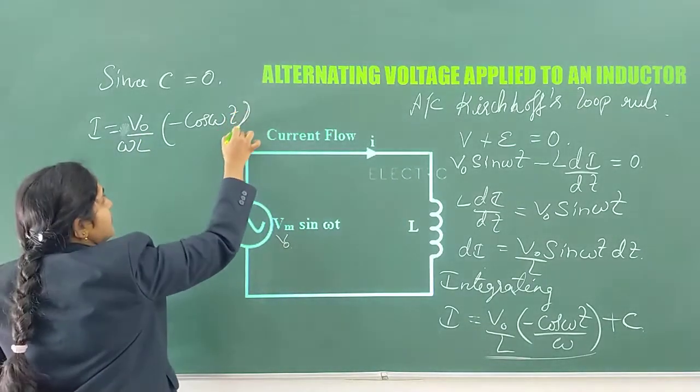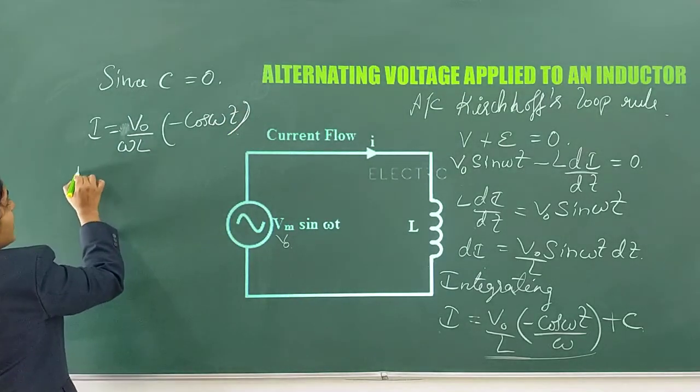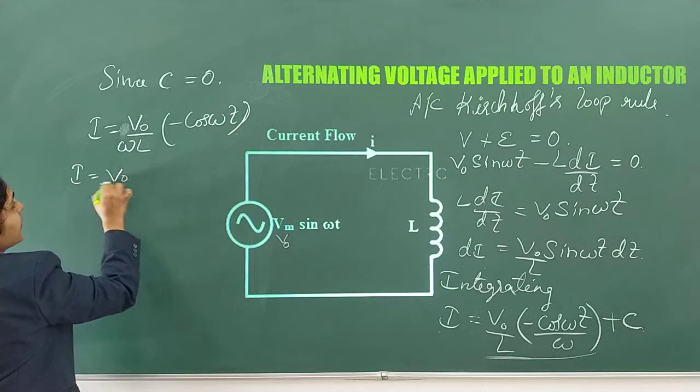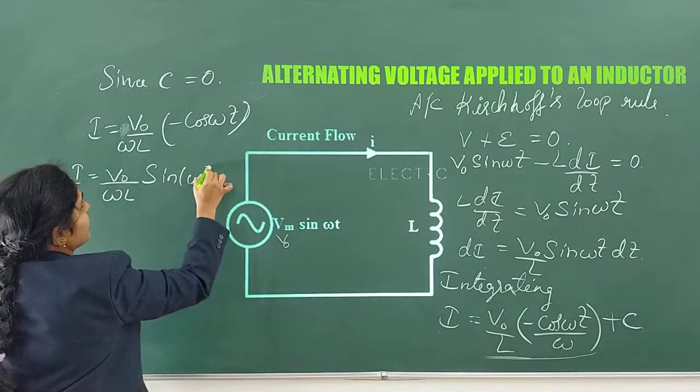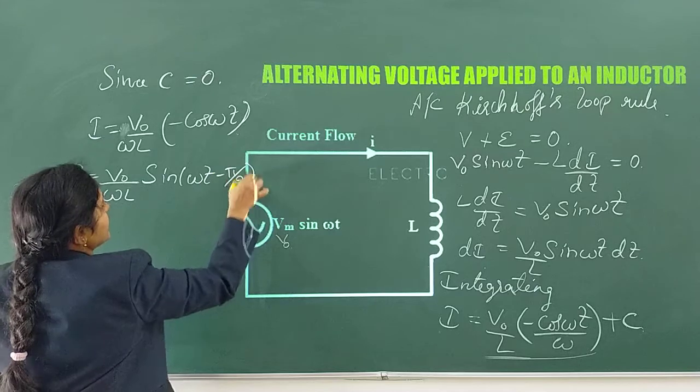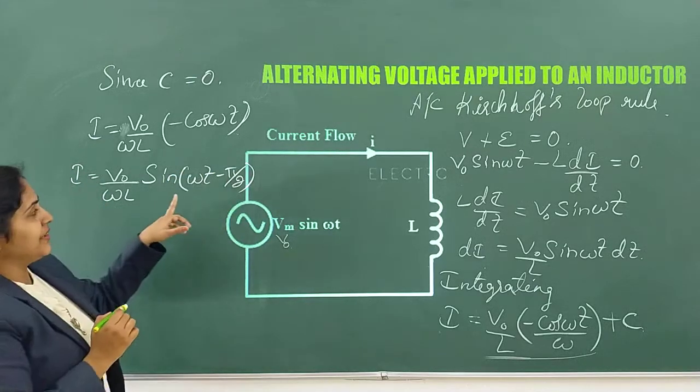And I equals V naught by omega L sin of omega t minus pi by 2. Observe here, a very important step.